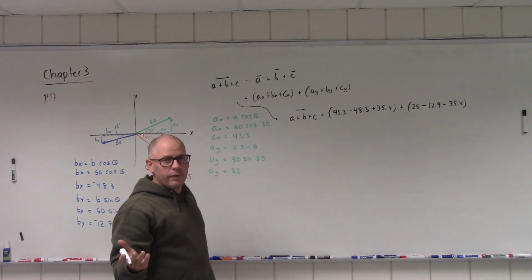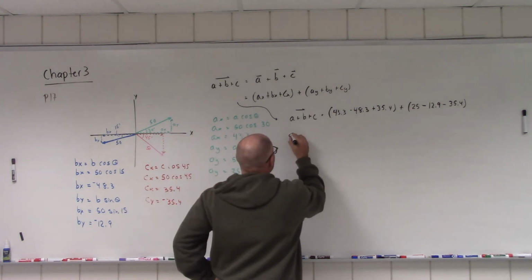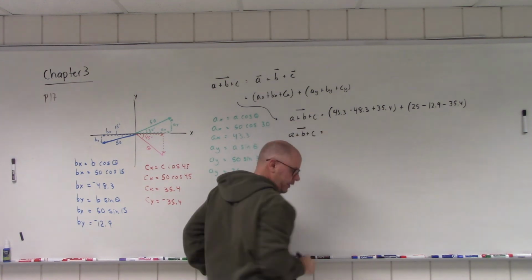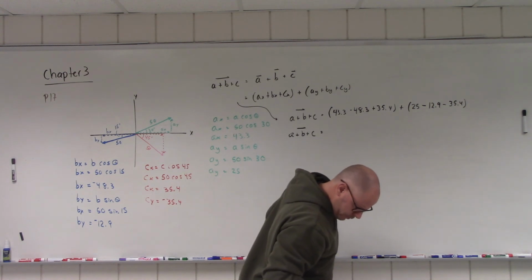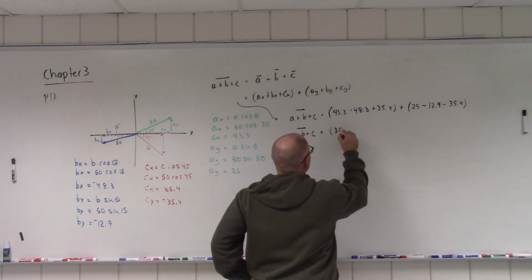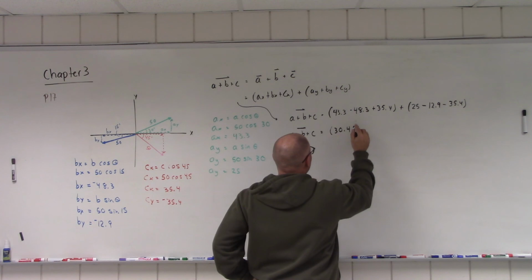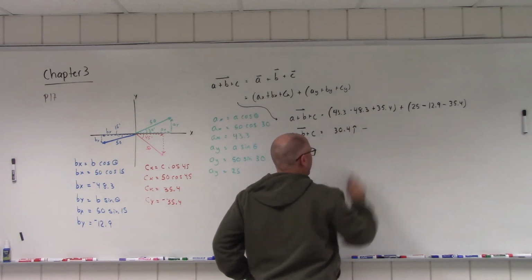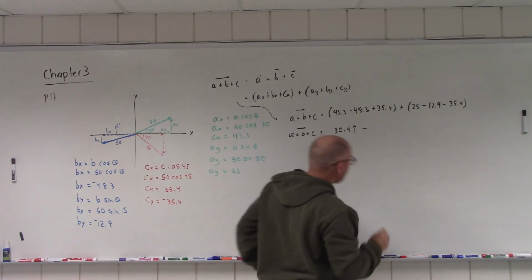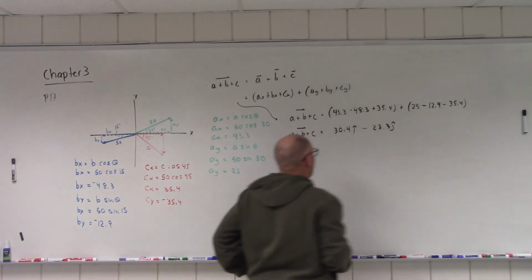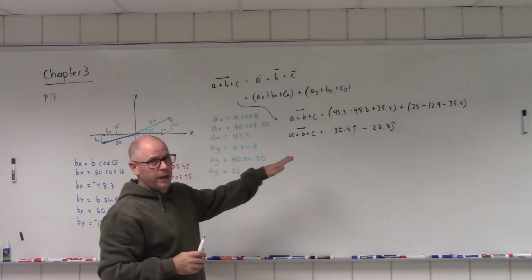And again, we can write that in unit vector notation if it's easier that way. So A plus B plus C is equal to, if I add those up, 30.4, minus 23.3. So there's the vector. Okay, there's the vector.